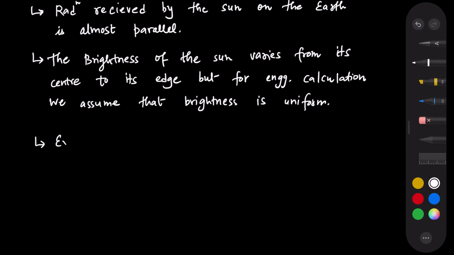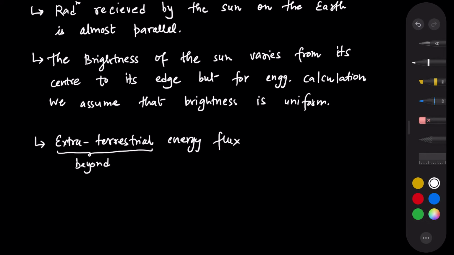What is extraterrestrial energy flux? Now first of all we need to understand what is extraterrestrial. Extraterrestrial means anything which is beyond our Earth atmosphere, so that is known as extraterrestrial.